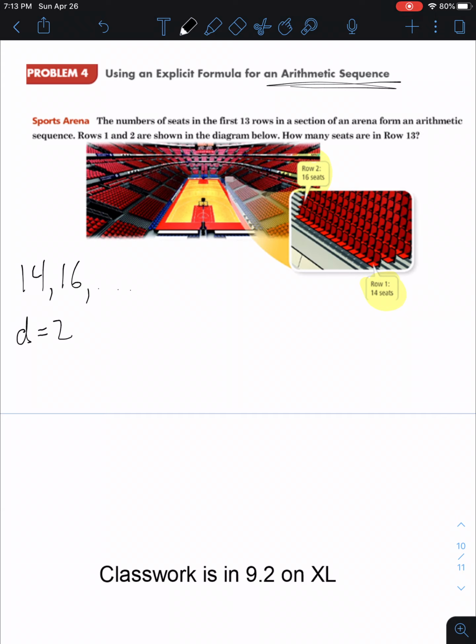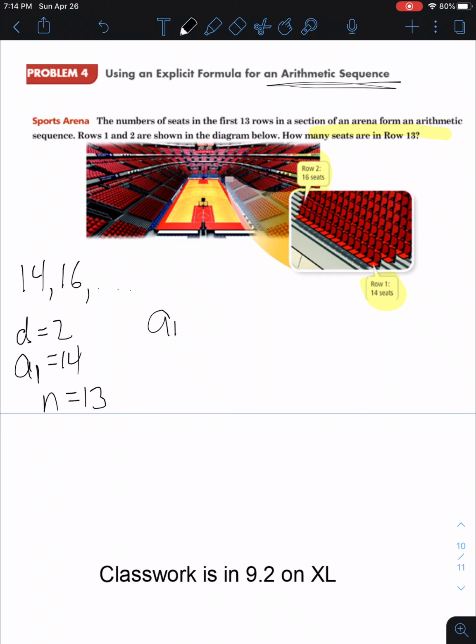So if this is indeed an arithmetic sequence, the common difference is 2. The first term is 14. So D is 2, A1 is 14, and they want to know how many seats are in row 13. So my n is 13.